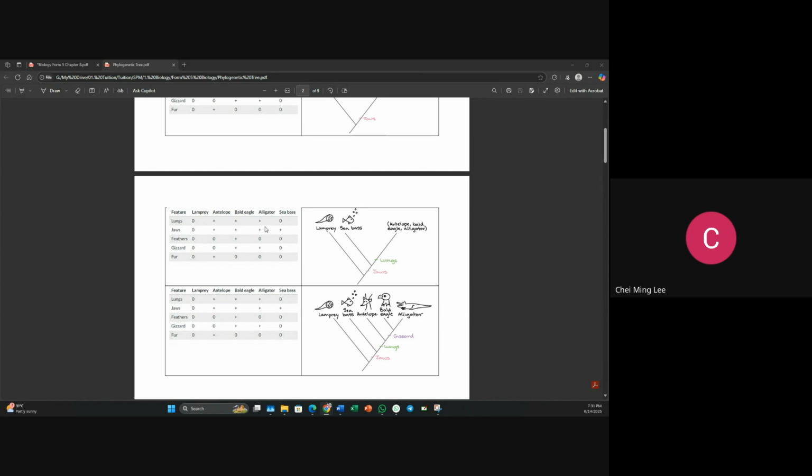After that, the third one. Why do we know the second one is jaws? Because you see, sea bass has it, and only these three have lung. With lung, then we find the one which has more of them. Alligator and what do you call? And no. Alligator, I think no.